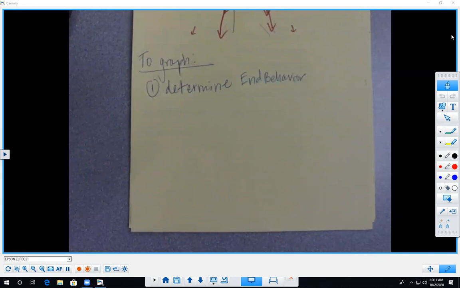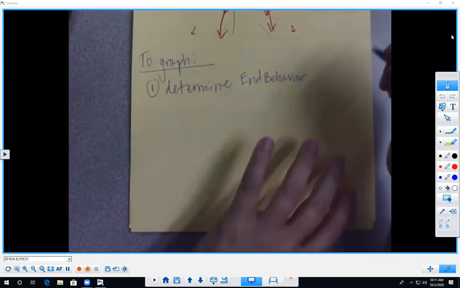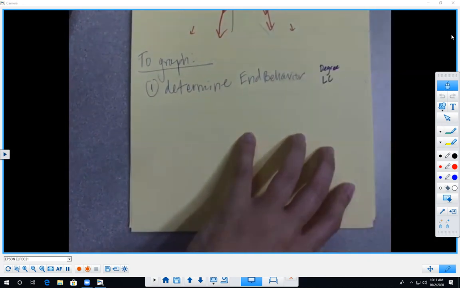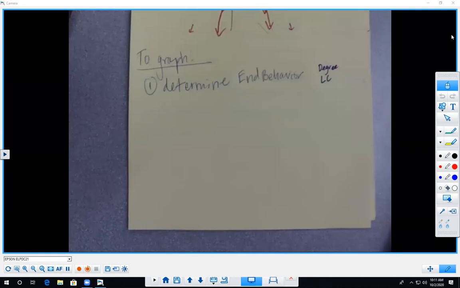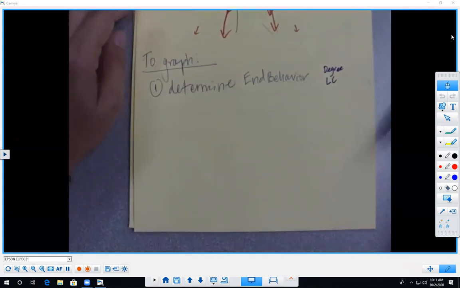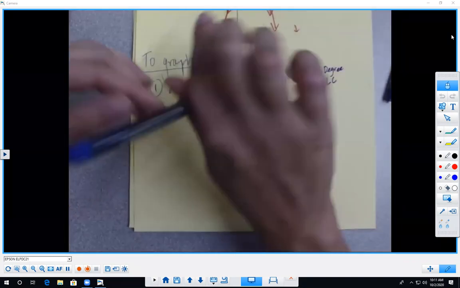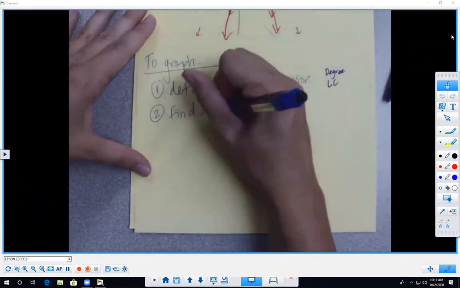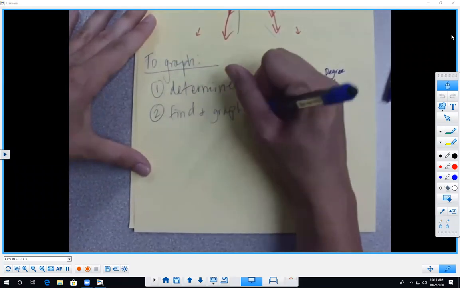Remember how to find end behavior? Yep, you use the degree and the leading coefficient. Whether the degree is even or odd and the leading coefficient is positive or negative tells us the end behavior. The next thing you do is find and graph your x-intercepts.